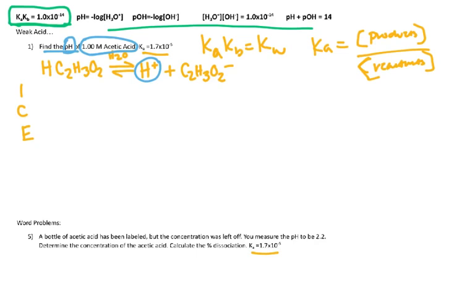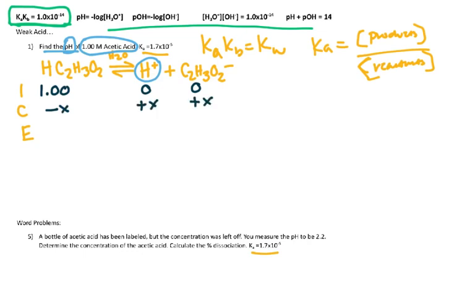So I'm going to fill in my ICE chart. My initial concentration of acetic acid is 1.00, and I do not have an initial concentration of my hydronium ion or my acetate ion. My change is whatever I lose from here, I'm going to gain in each one of these, right?